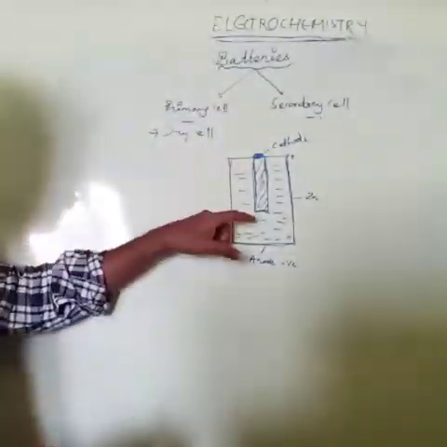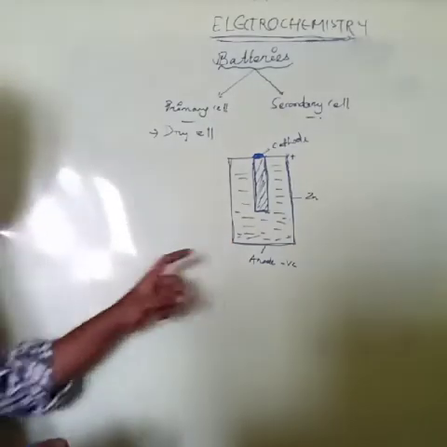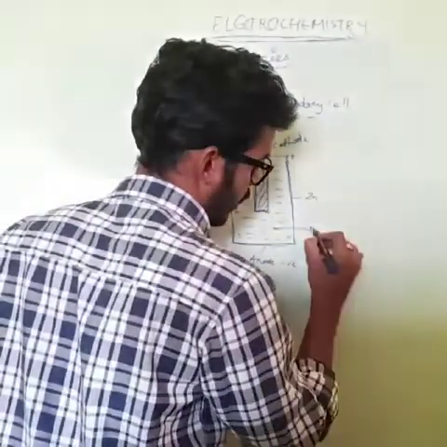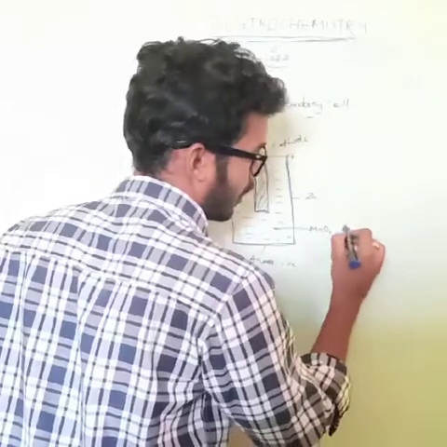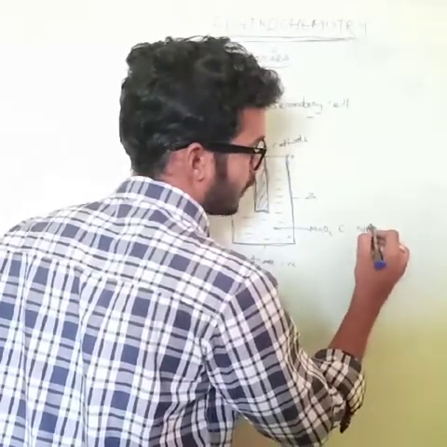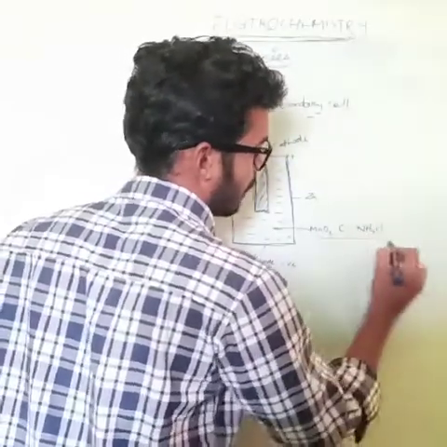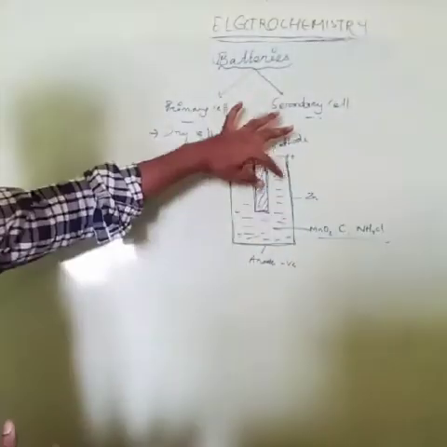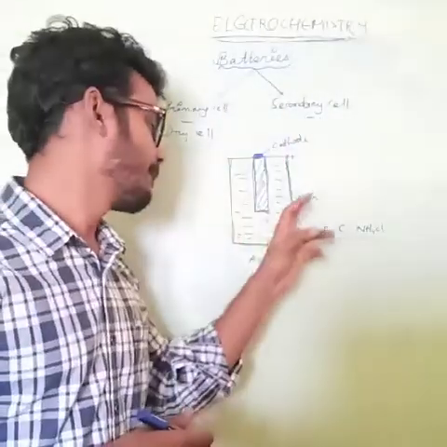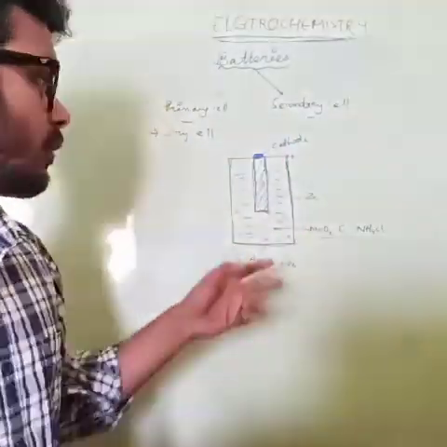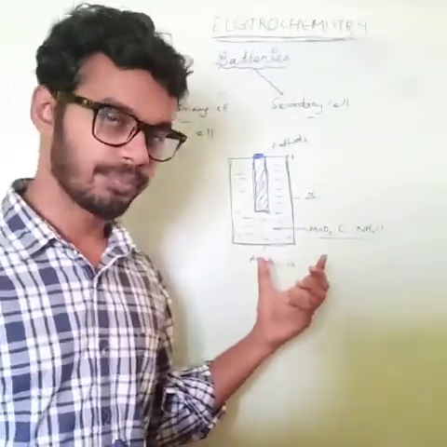Okay, and inside it you will get MnO2, carbon, NH4Cl. The combined paste is applied in this area, or electrolyte.